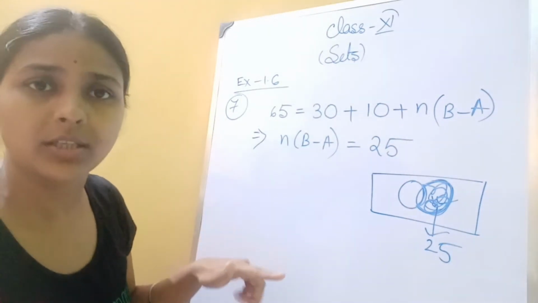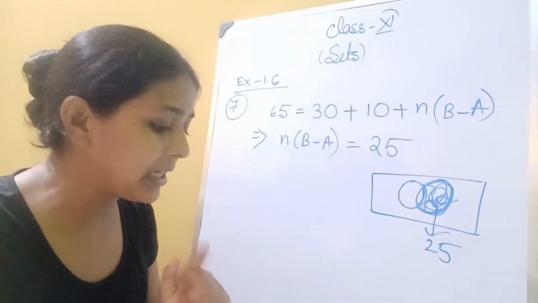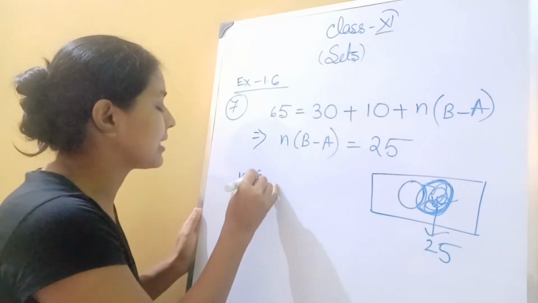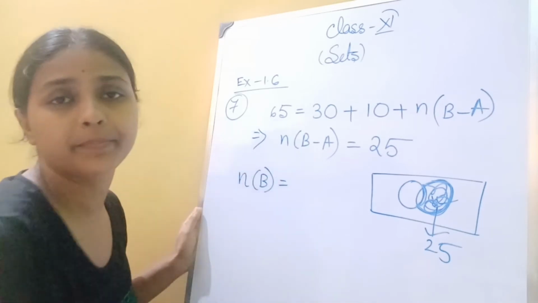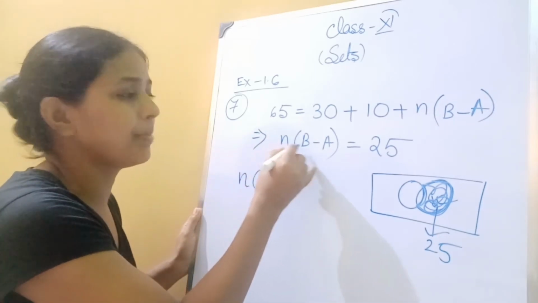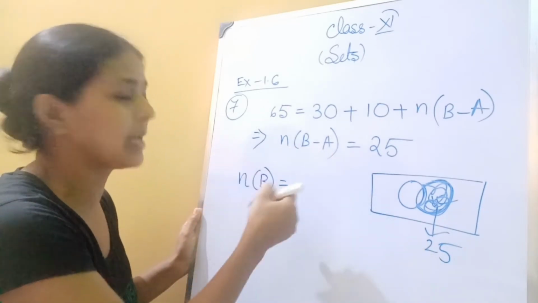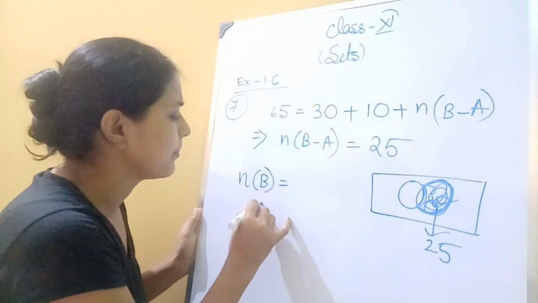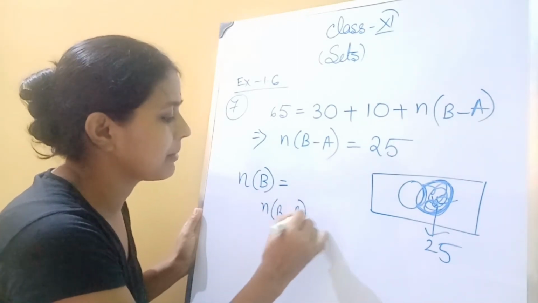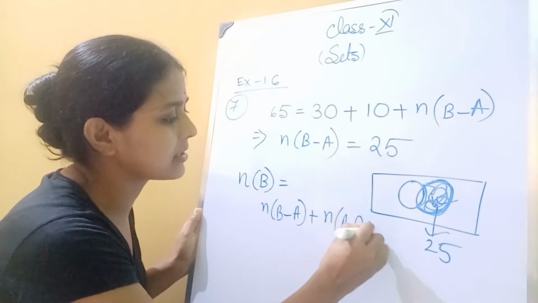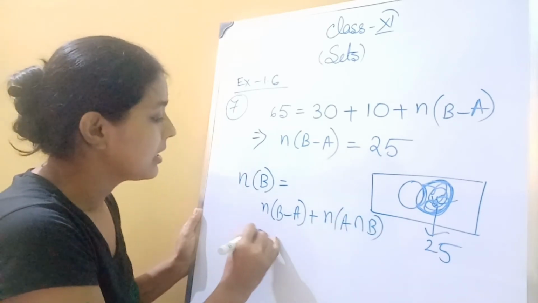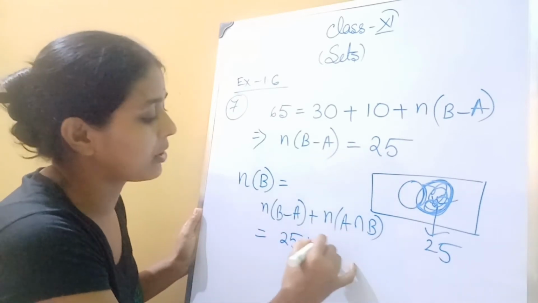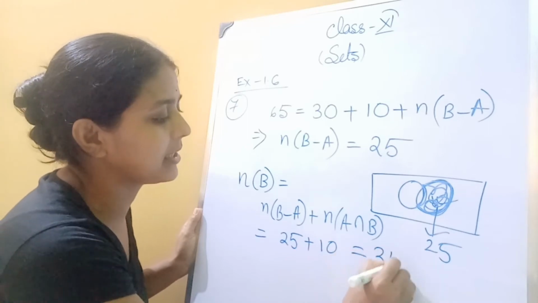Now the second question is how many like tennis? That means we have to find n of B. We have found n of B minus A, and now n of B is very simple: n of B minus A plus n of A intersection B. N of B minus A we have got as 25, and n of A intersection B is already given as 10, so ultimately 35.